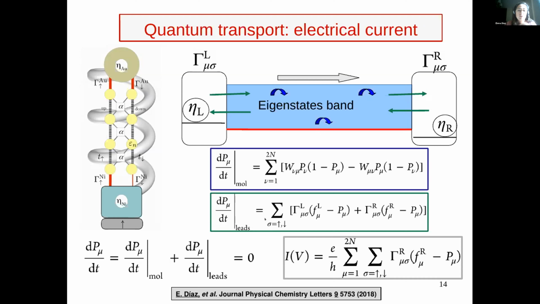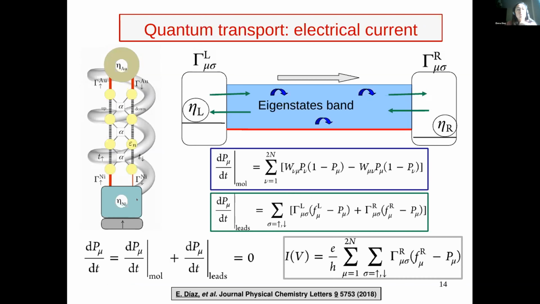And in addition, we have another term which is related to the coupling between the molecule and the leads. Here the population of the eigenstate appears again, but also the Fermi distribution at both contacts, which depends on the chemical potential of the contacts. And here, this capital gamma I mentioned before is the coupling between the molecule and the contacts. As you can see, it depends on the particular spin state, sigma.